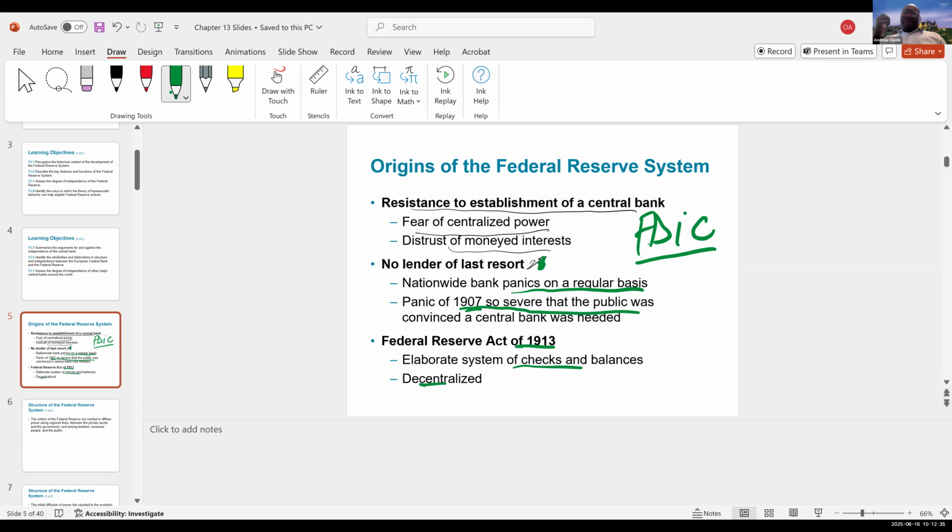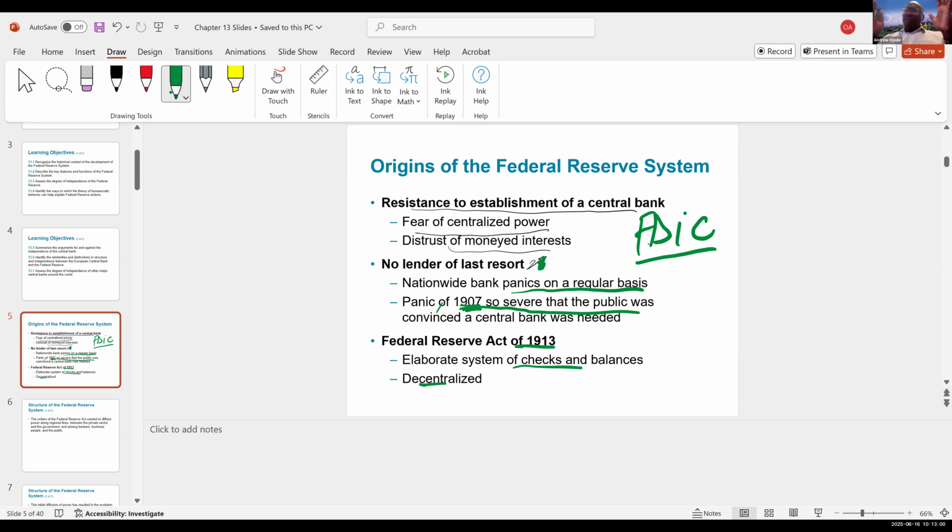One of the brilliances of the writers of the Federal Reserve Act of 1913, those congressmen and women who passed the legislation, was that they were very wise because they knew that even though Americans were now talking about needing a central bank, there was still a good section of the American population that did not like the idea of central banking.